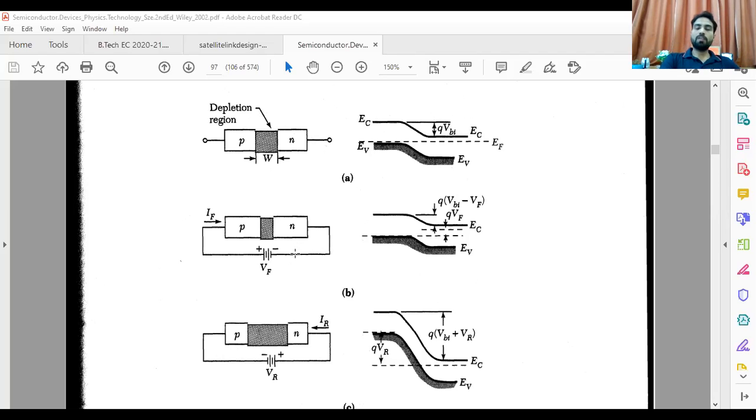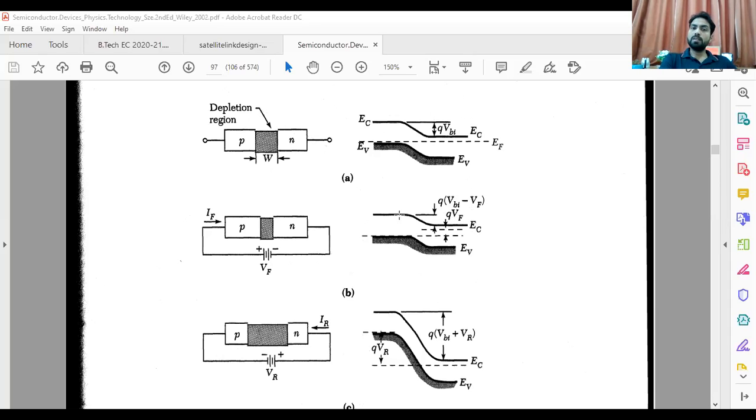Second condition, जब हमने forward bias किया तो forward bias में we are applying this VF and this VF, VBI potential barrier and this one is opposing each other. Potential barrier को खत्म कर देता है. कौन खत्म कर देता है? The external potential difference. The external potential difference is opposing each other, and in this situation, then what happens?